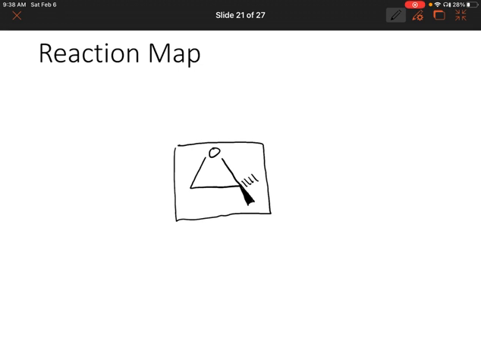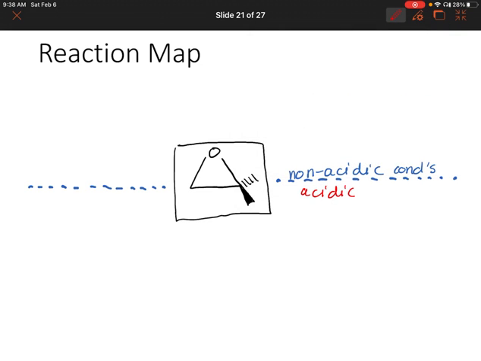Okay. And then I'm going to split this map in half. Everything above that line will be under non-acidic conditions, and everything below the line will be under acidic conditions.